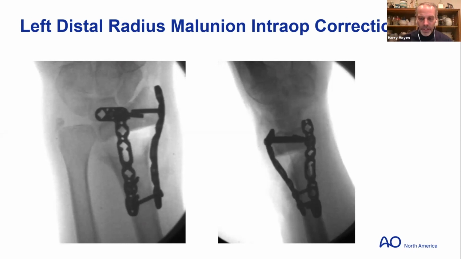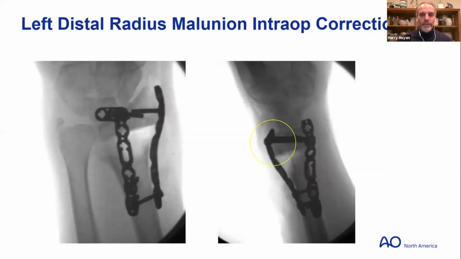What I wanted to highlight here is that on all of these dorsal fixation cases, especially on the dorsal ulnar corner, the plates need to be bent up and around to provide the appropriate buttress of the dorsal cortex as it comes up and contacts the edge of the lunate facet.